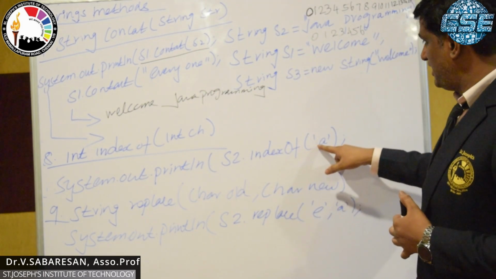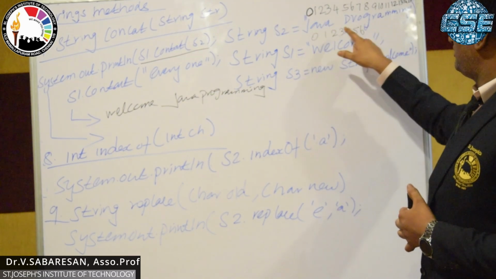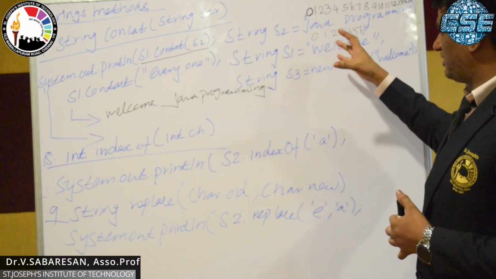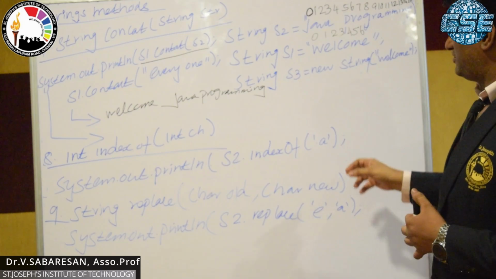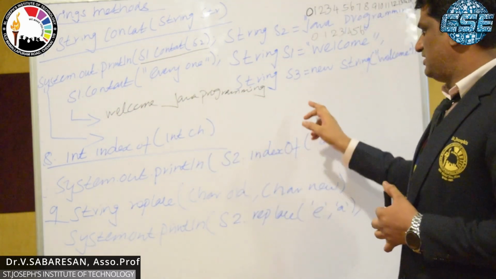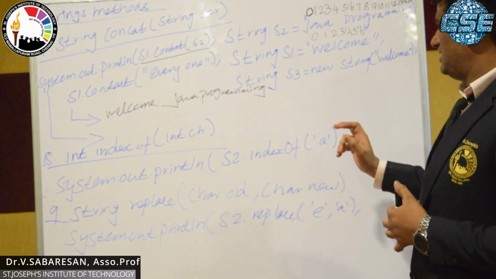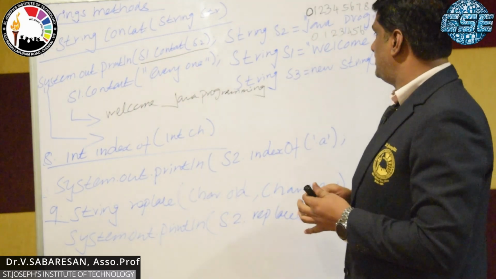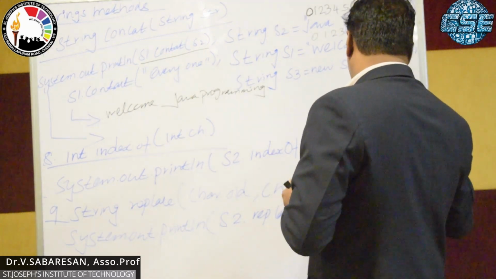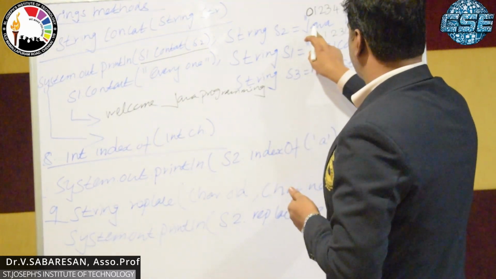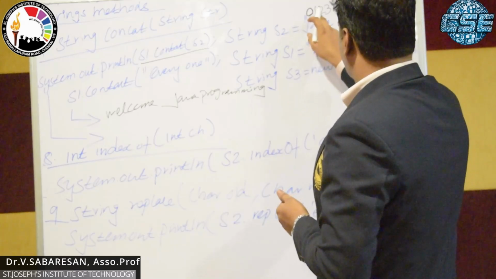Here you mention a. A number of a's are available, the character a occurs in different places. So this method returns the first occurrence of the given character. This method returns 1 because a occurs first at location 1.